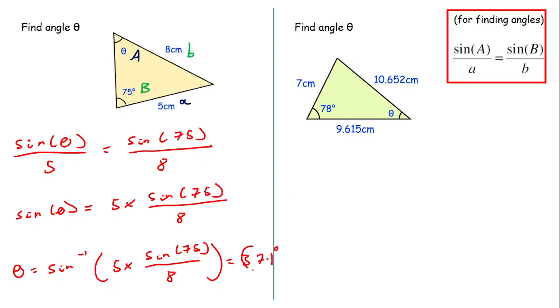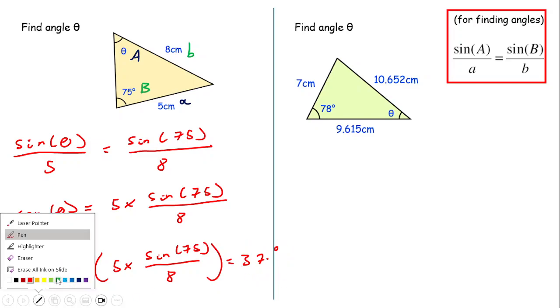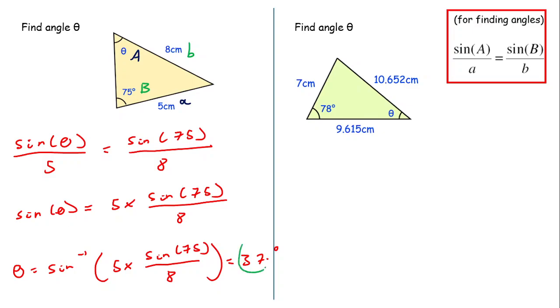And that is our answer. There we go, 37.1. Let's put that in a different colour, make it a bit more clear. Sorry, I'm writing this terribly. Say 37 degrees.